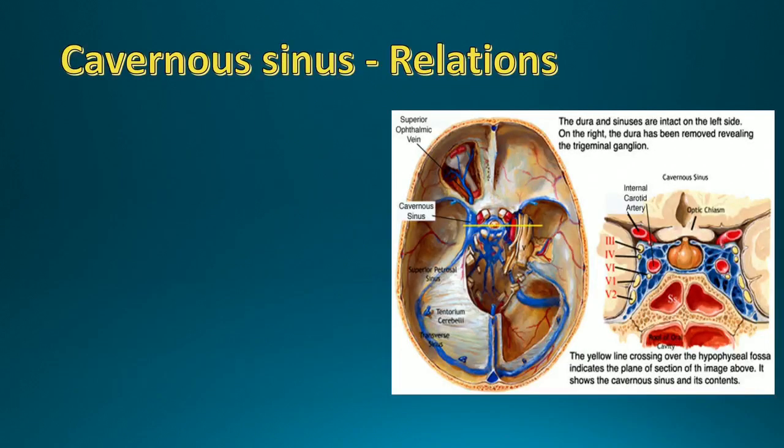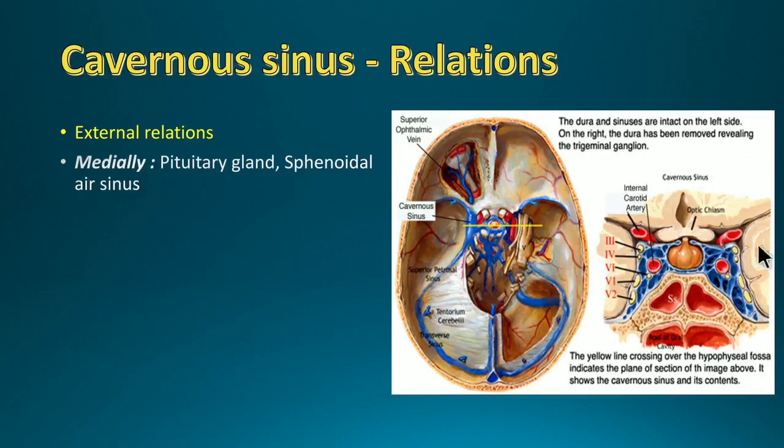Now we have just discussed the situation, extent and formation of the sinus. Coming to the relations of the sinus, the external relations, especially on the lateral wall, what are all the structures you come across?